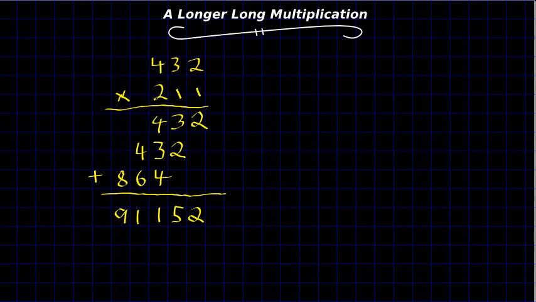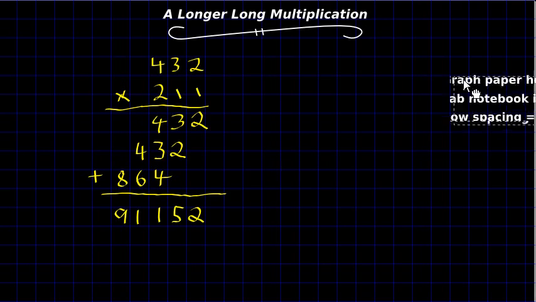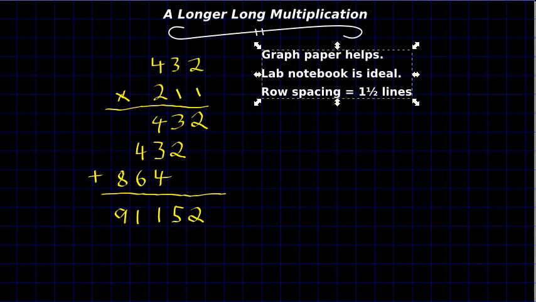So let's emphasize a couple of points here. First of all, it's really important to keep things lined up in columns. And graph paper helps with this. Actually, the ideal thing is a lab notebook, which is a bound book where every page is graph paper. That keeps everything all in one place. Another little thing here is you'll notice that every other number here I've written on an odd half of a line here. I'm skipping a line and a half each time here.